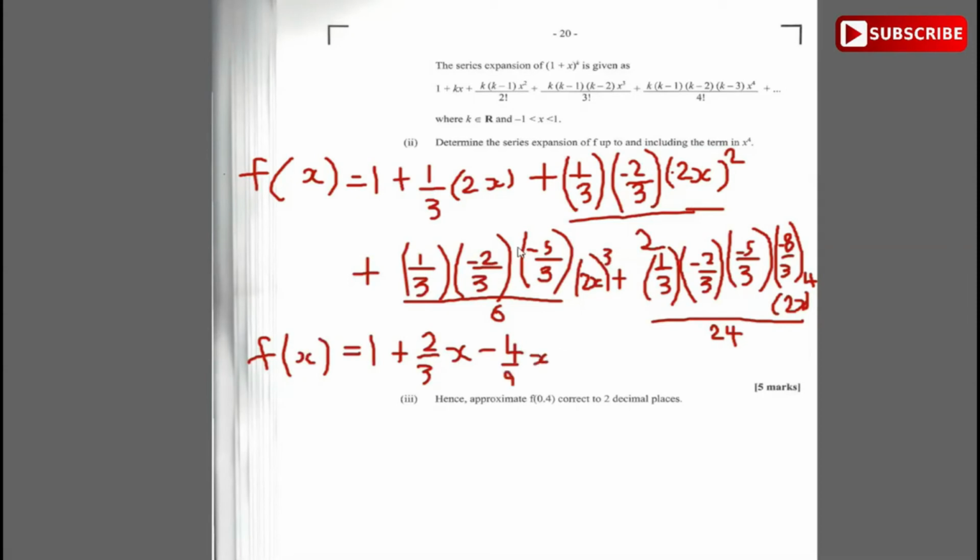And let's work out this part now. We have 1 over 3 times minus 2 over 3 times minus 5 over 3 times 2 cubed divided by 6. And that's 40 over 81. So you get plus 40 over 81 x cubed.